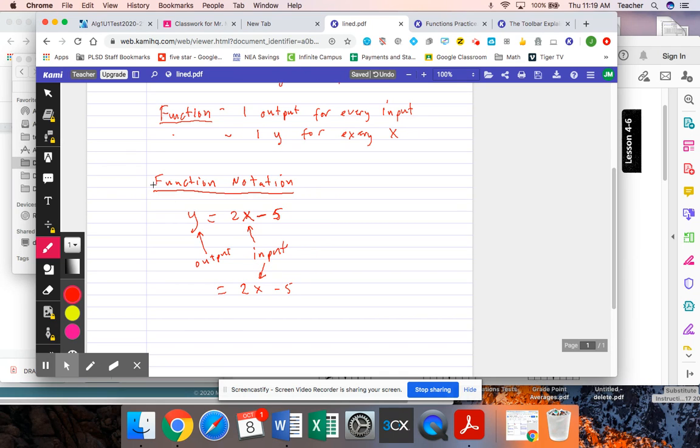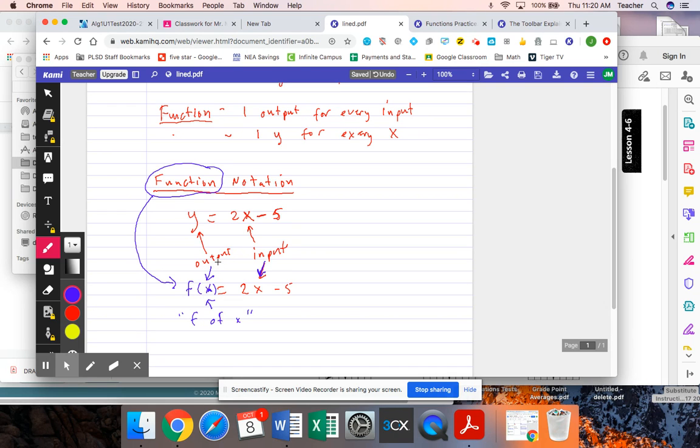But when you start dealing with function notation, this idea of a function, you'll see it expressed differently. You would see this. F of x is how you say that. It's pronounced f of x. That's how you say that. It means the exact same thing. It means that you are going to have an input, like you have here, and you're going to have an output.